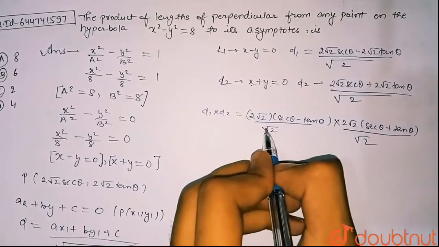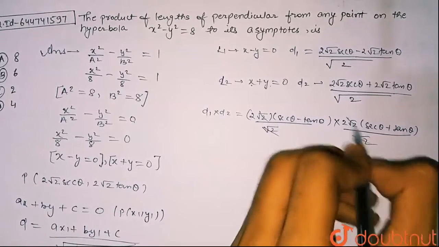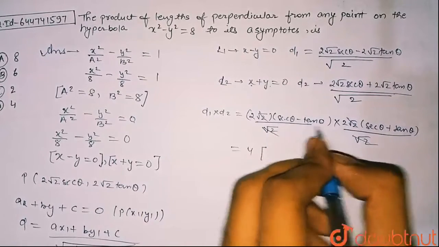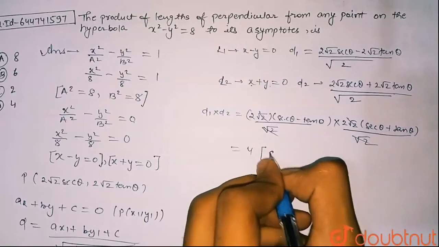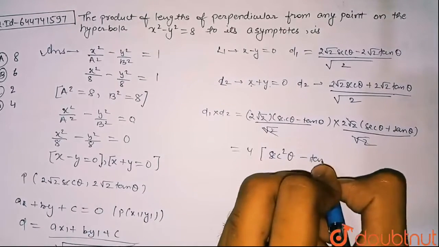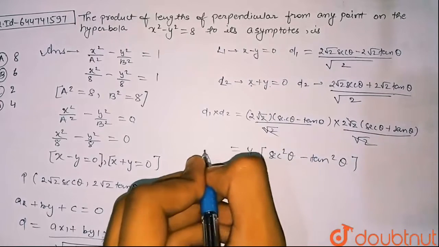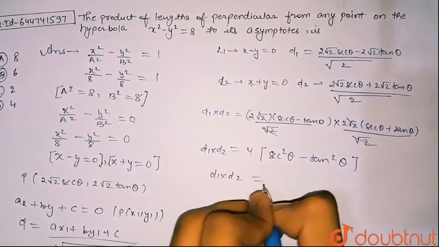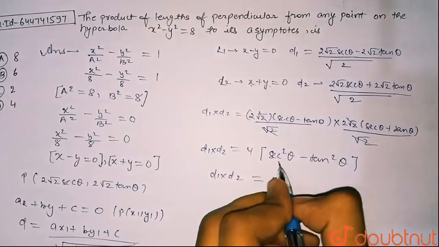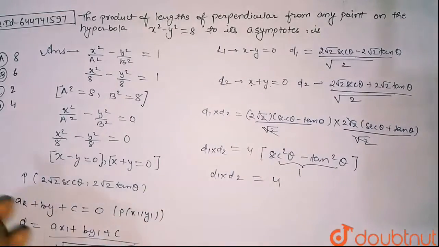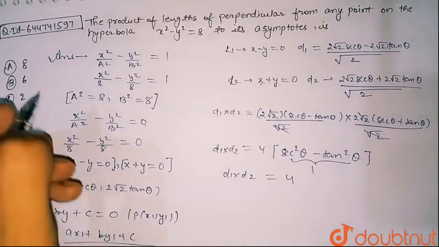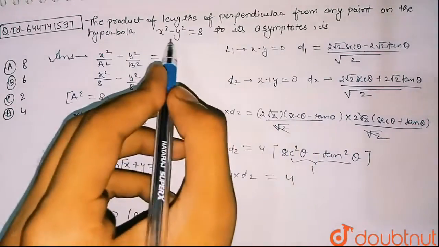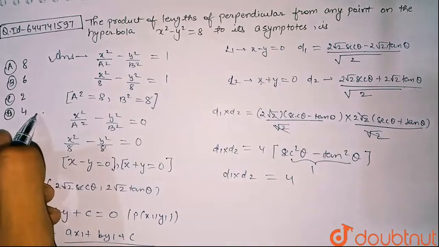Cancelling root 2 with root 2 in each, we get 4 into sec theta minus tan theta into sec theta plus tan theta, that is sec square theta minus tan square theta, and this value is equal to 1. So d1 into d2 finally comes out to be 4. So the answer to this question is option D, that is 4. The value of the product of perpendiculars from any point to the asymptotes of this hyperbola is equal to 4. So this will be option D.